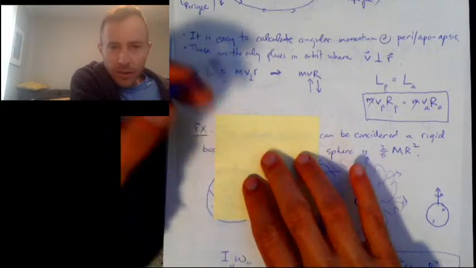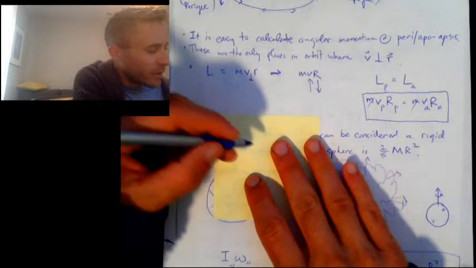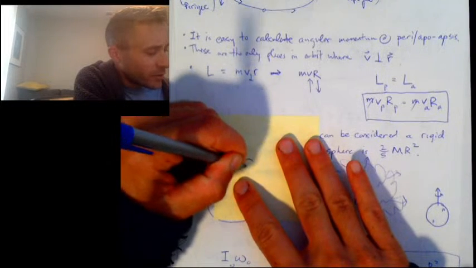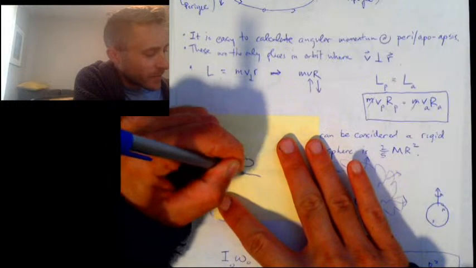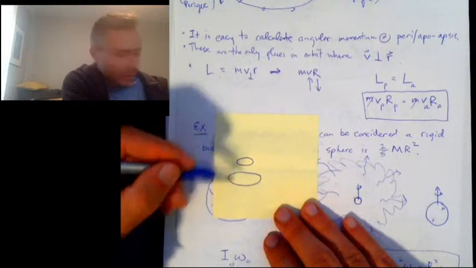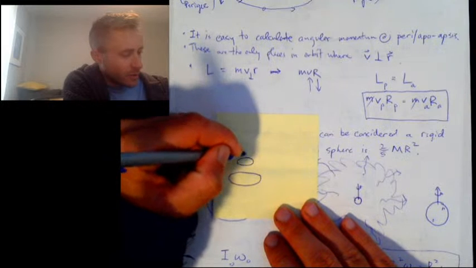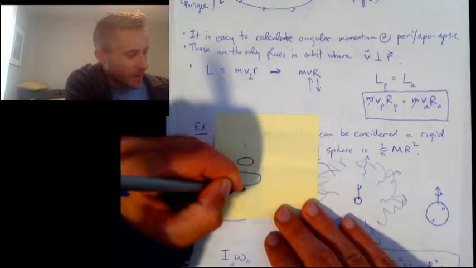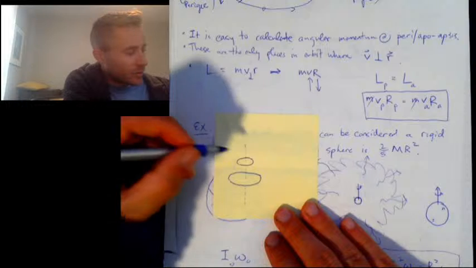Another type of problem that you can have is where you have two disks that share the same axis, but they're not touching each other.